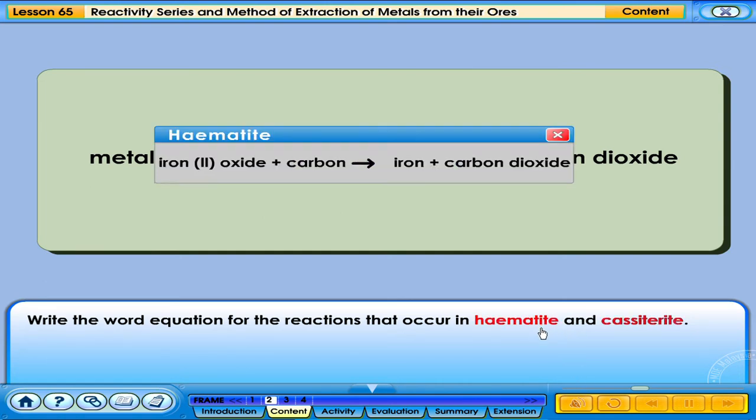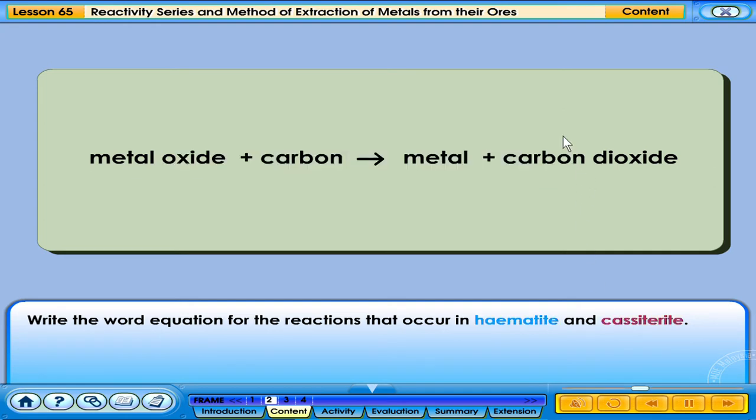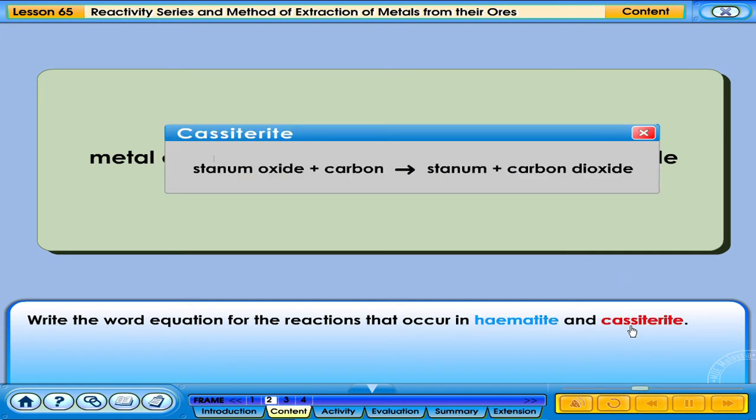Iron 2 oxide reacts with carbon to form iron and carbon dioxide. Stannum oxide reacts with carbon to form stannum and carbon dioxide.